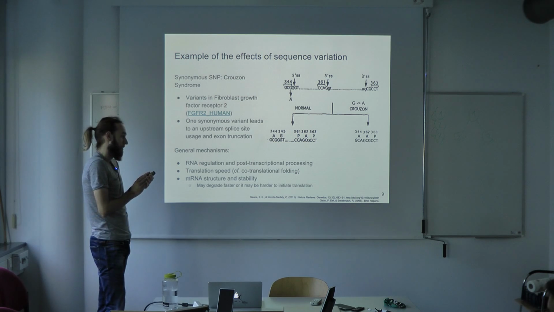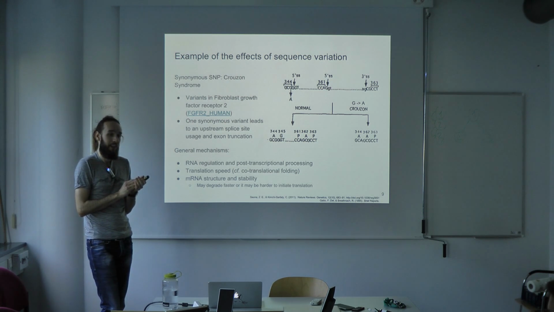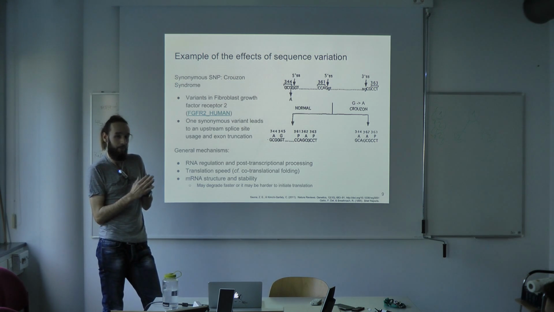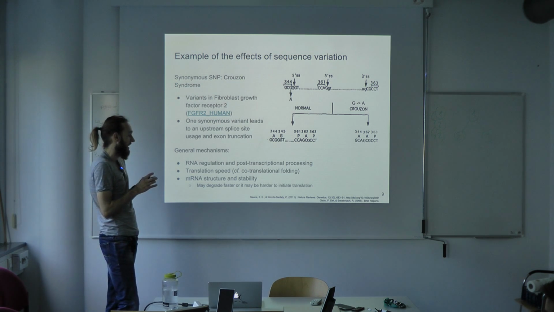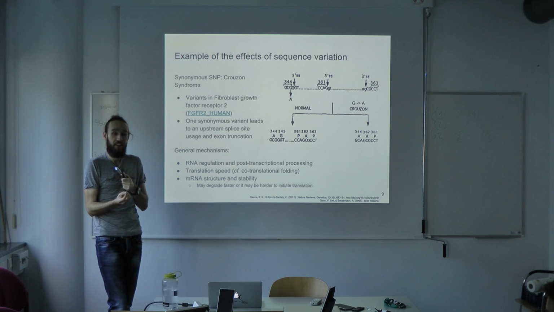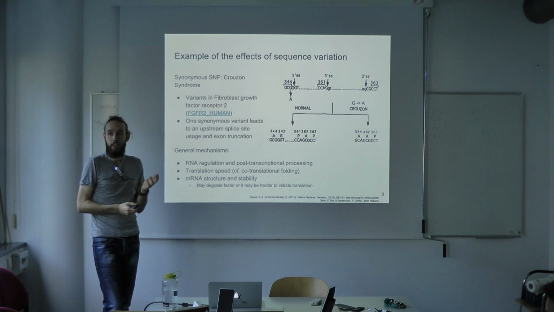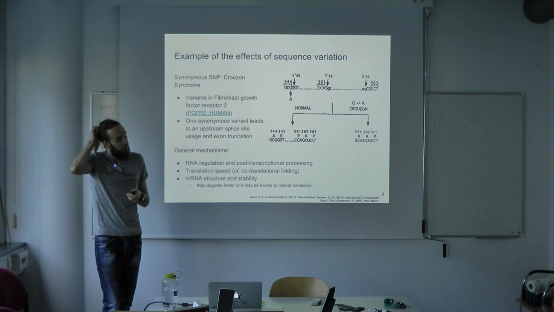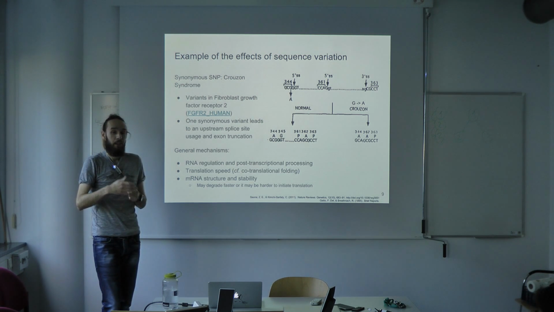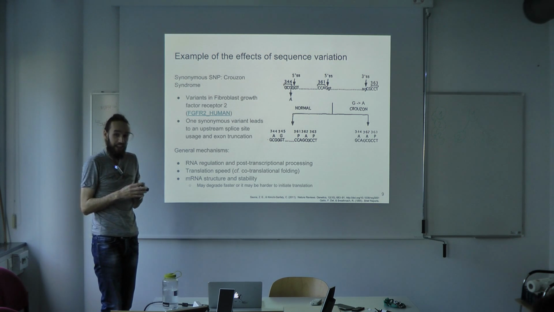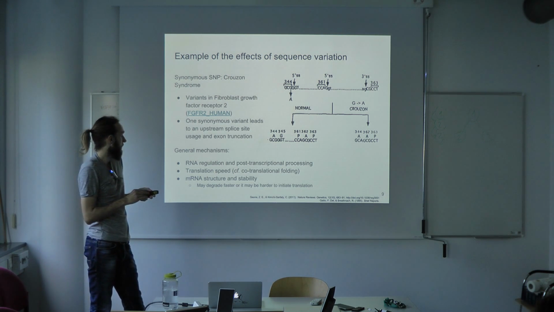And these loops can be important because that structure confers a certain stability. And if the RNA is less stable, it may be degraded faster, you may get less of the protein, or maybe if the translation start site becomes less stable, you may not be able to translate it anymore. So that can affect how much of the protein you have.